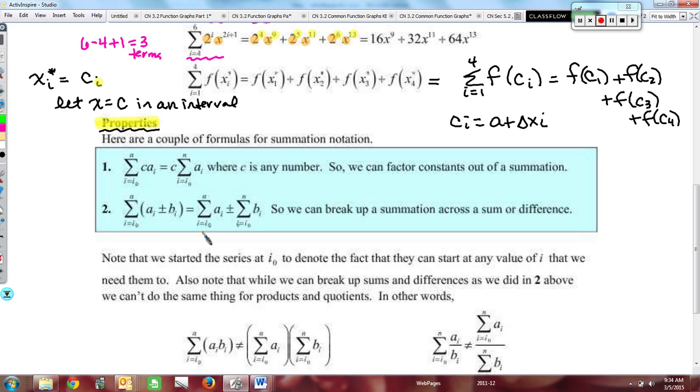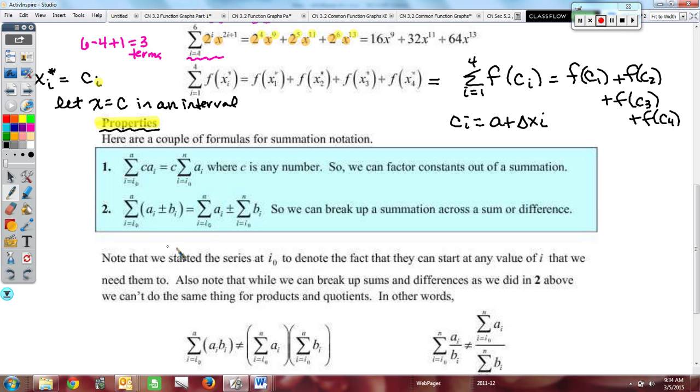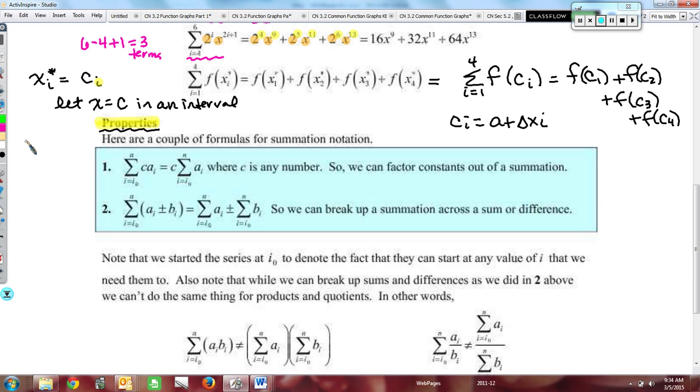Let's review a little bit of what we had for the properties for limits. If I was going to take the limit of a constant times a function, what do I do with the constant? I can pull the constant out and then take the limit of the function.